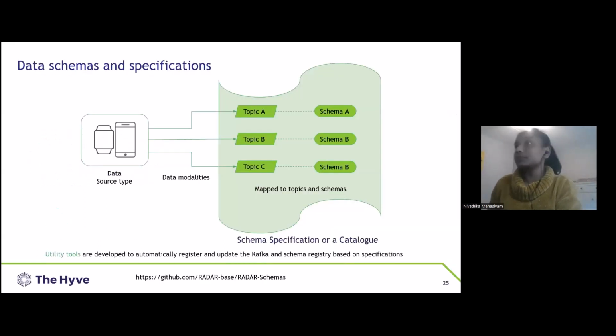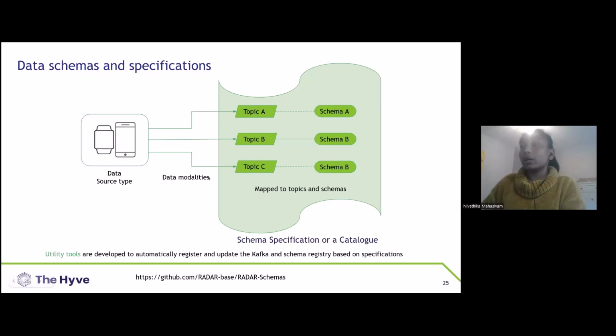And so one important and unique perspective of the platform is the way we build the schema. The first thing we do when a particular device or an app needs to be integrated, we investigate what kind of data we need to collect from this device, and then we create data schemas.